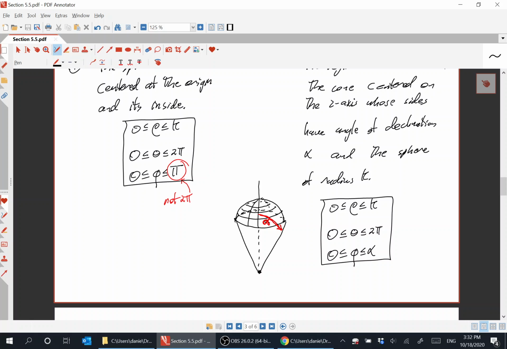All right, let's talk about how the integral is supposed to look in this case.